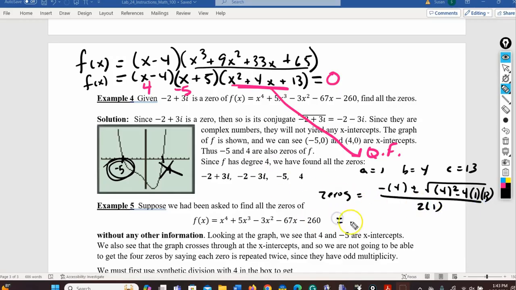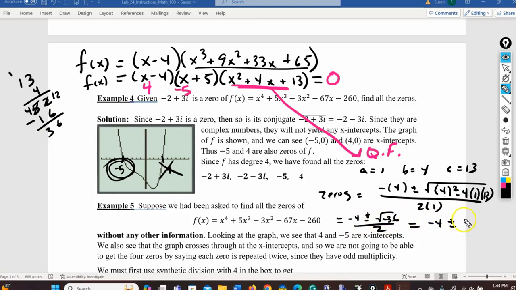Okay, so this is going to give me -4 plus or minus the square root of 16 minus 4 times 13. So this is going to be plus or minus negative 36 all over 2, which is going to be negative 4 plus or minus, the square root of negative 36 is 6i.